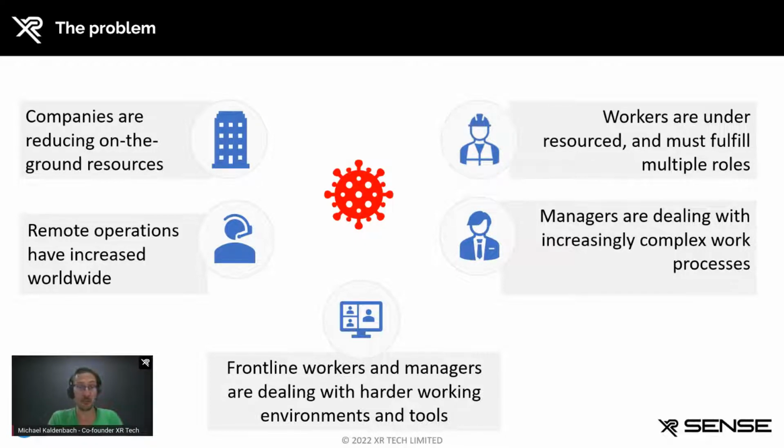They are in favor of digitalization, removing those resources, saying, okay, we have new systems, new tools that should be able to make you more efficient, thus we can do with less. We are also seeing on the other side that workers are having to deal with more of these digital tools that are becoming more complex, and managers having to deal with increasingly complex work processes.